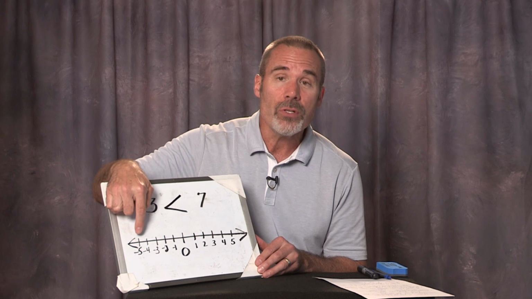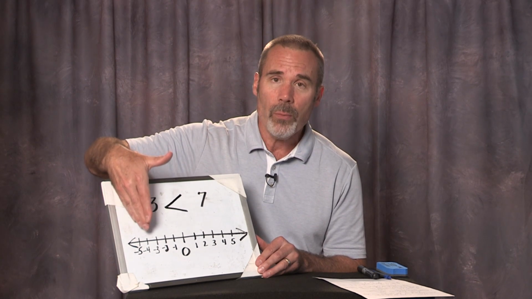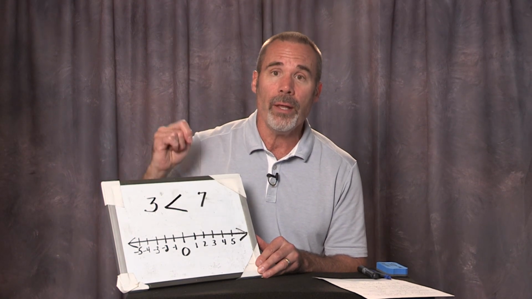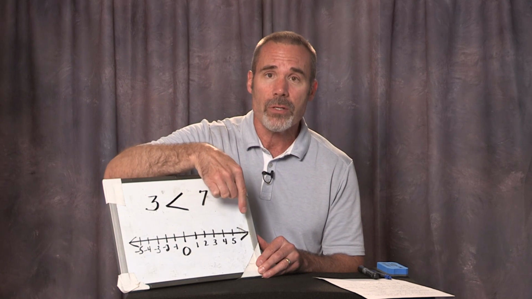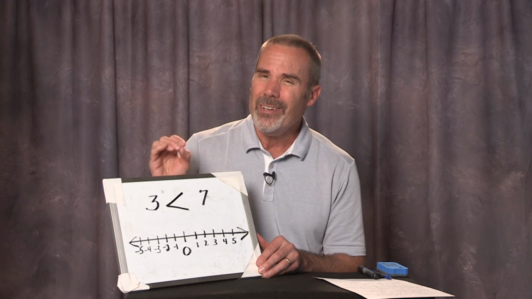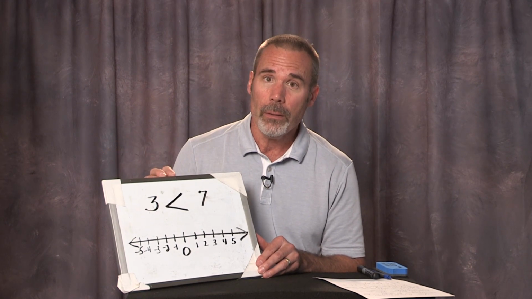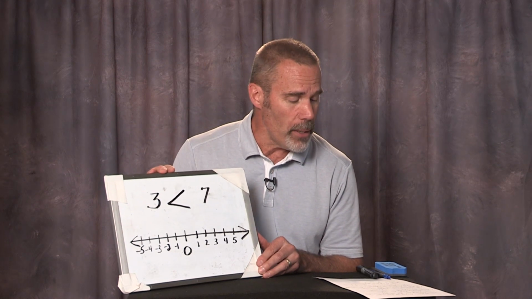My number line only stops at -5 right here, but it would continue on with -6, -7, and so forth. Up here, I ran out of room and I stopped with a 5, but of course, it would continue with 6, 7, and 8 on from there. So whichever number is further to the left is going to be smaller, and whichever number is further to the right is going to be larger.